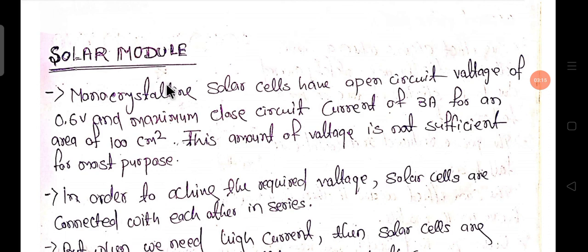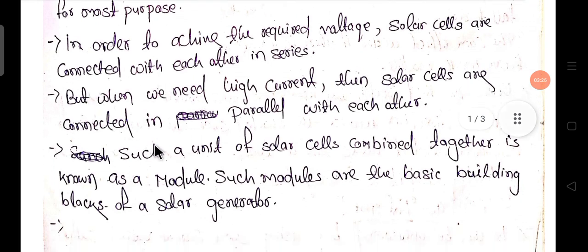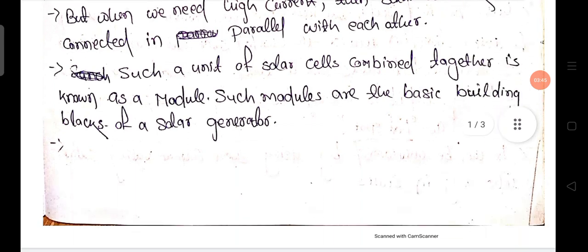A module is a combination of solar cells, a unit of solar cells combined together. It's called a module, or solar module, and that solar module is also the unit block of any generator plant.